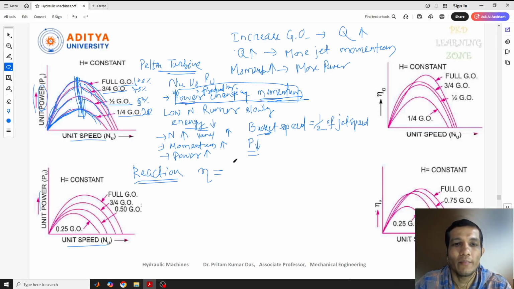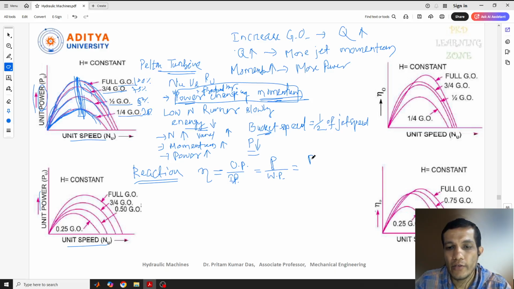Output is the power developed finally, and input power is the water power.